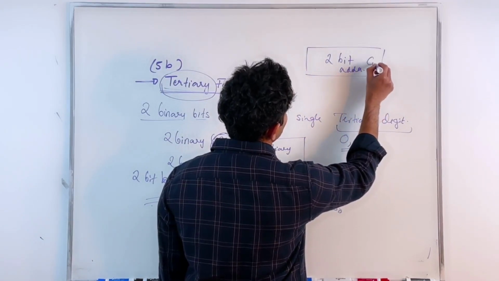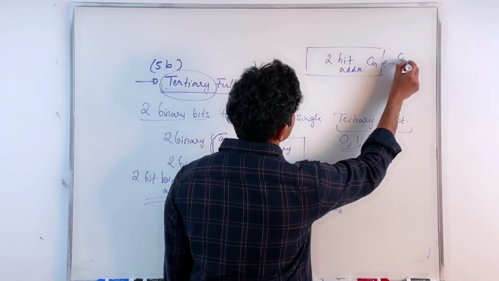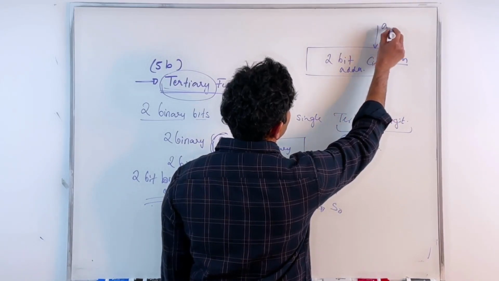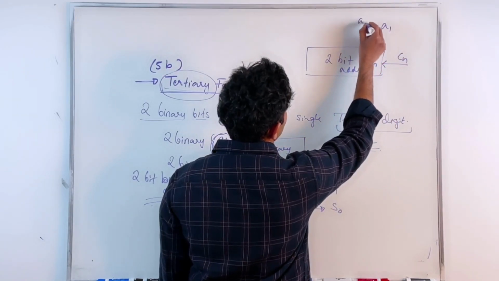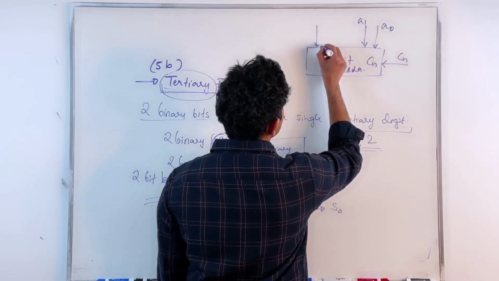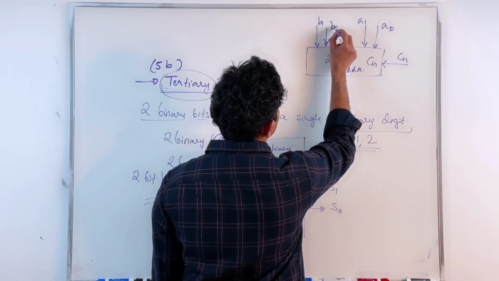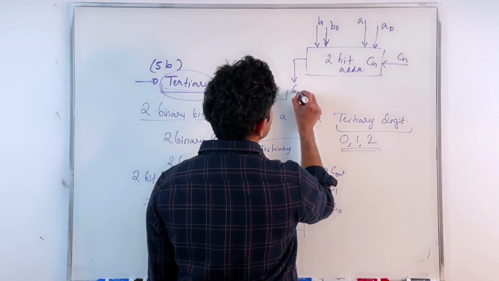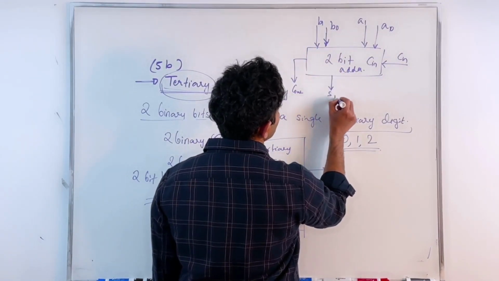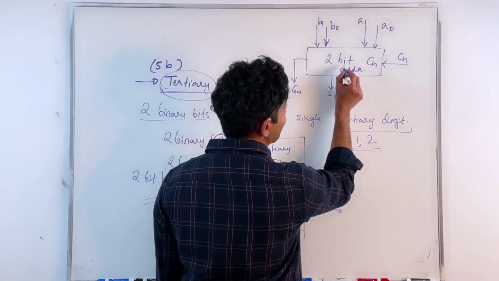I have C in, where that C in goes. Then I'm applying A1, A0, B1, B0. Out comes my C out. That's sum, S1, S0.